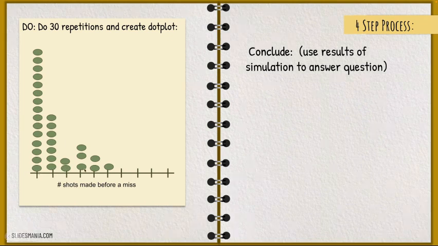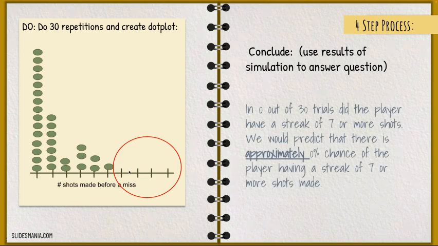1, 2, 3, 4, 5, 6. I think it went 0, 0, 1, 2, 3, 4, 5. Nope. 1, 2, 3, 4, 5, 6. So this is the 7. So in our simulation, we got nothing.